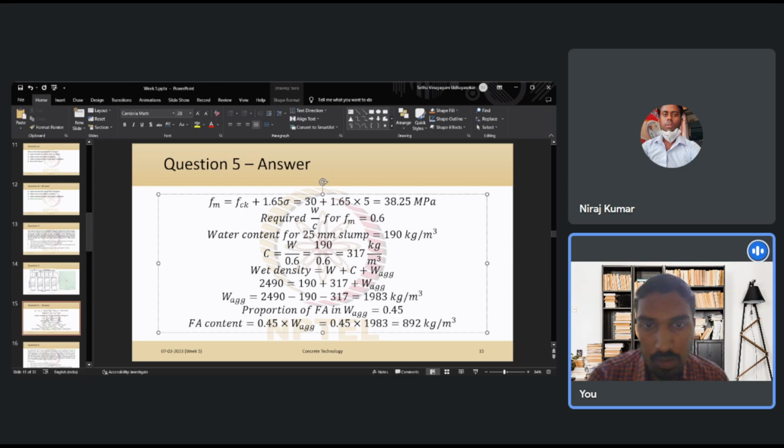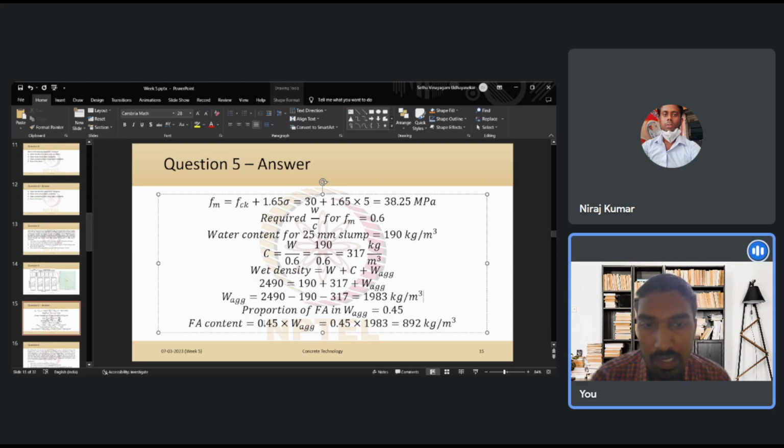So it is water content by the water to cement ratio. And then we used the wet density information, the water content and the cement content to find out the total aggregate content in the mix, right? So it is the wet density minus water content minus the cement content, which is 1983 kilogram per meter cube. But what we are really interested in here is the fine aggregate content.